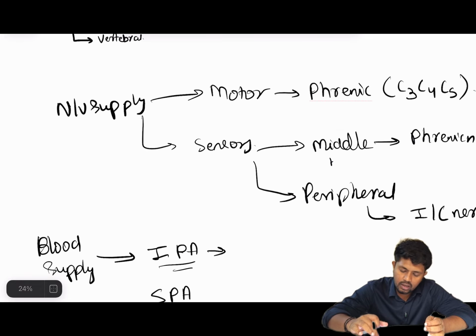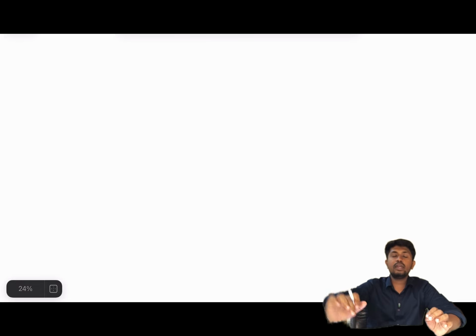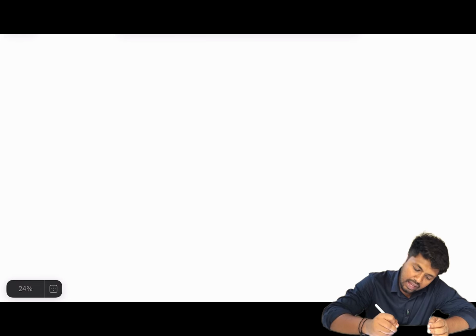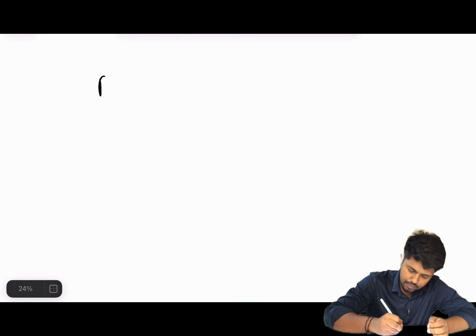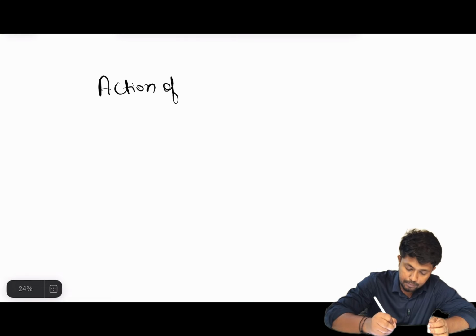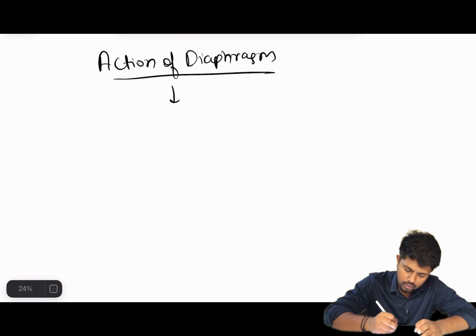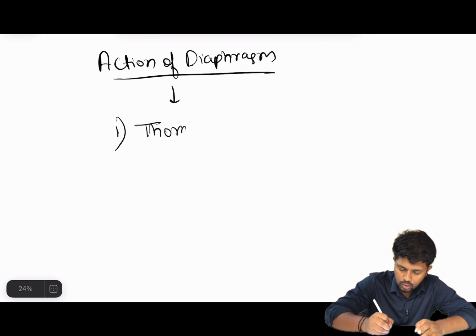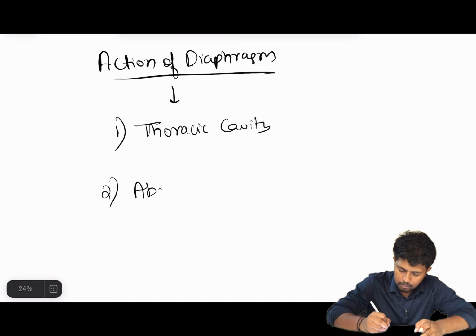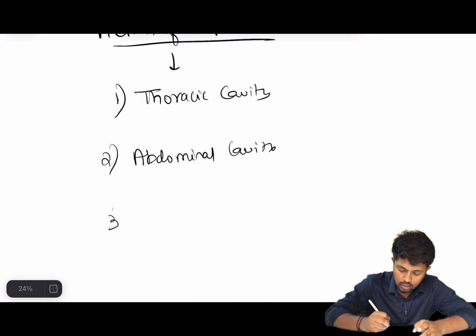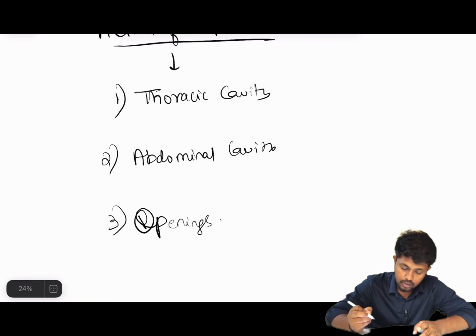Now, as we have seen the nerve supply and the blood supply, now we'll see the action of the diaphragm. The diaphragm will act on the thoracic cavity, the abdominal cavity, and where the openings are present in the diaphragm.